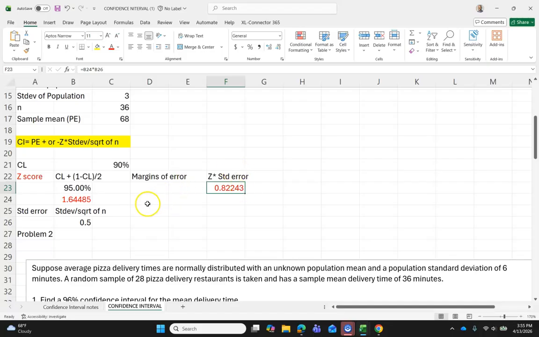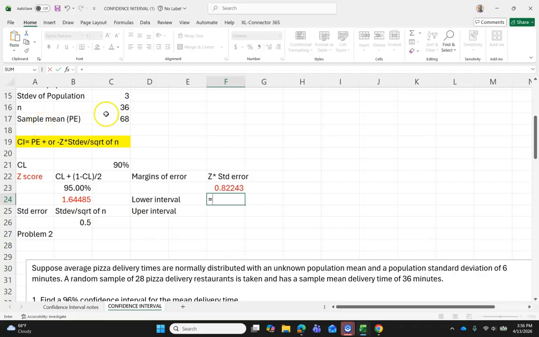So in this case, we can find the lower bound, or lower interval, and also the upper bound. Our lower bound can be found by putting an equal sign, and then we're going to take this point estimate or the sample mean, which is 68, minus the margin of error, and enter.